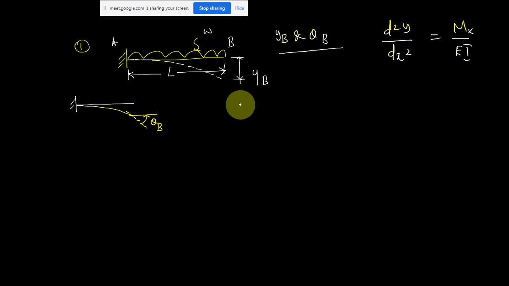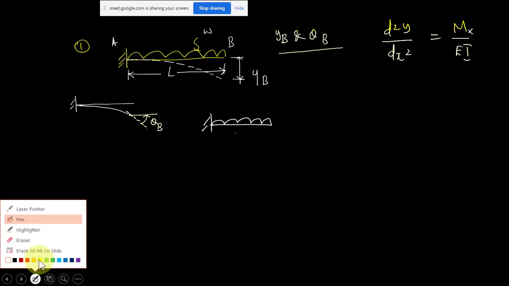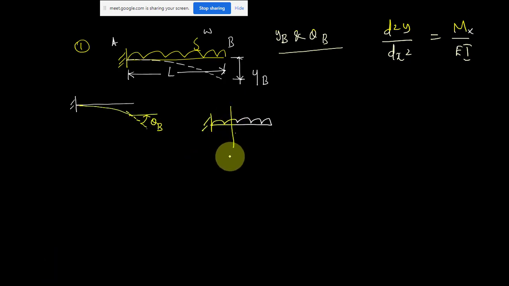The first step is you have to take a section in the beam, of span L. You can take the section from the free end, or from the fixed end, whichever you like. I am taking the section at a distance x meters from the free end B.